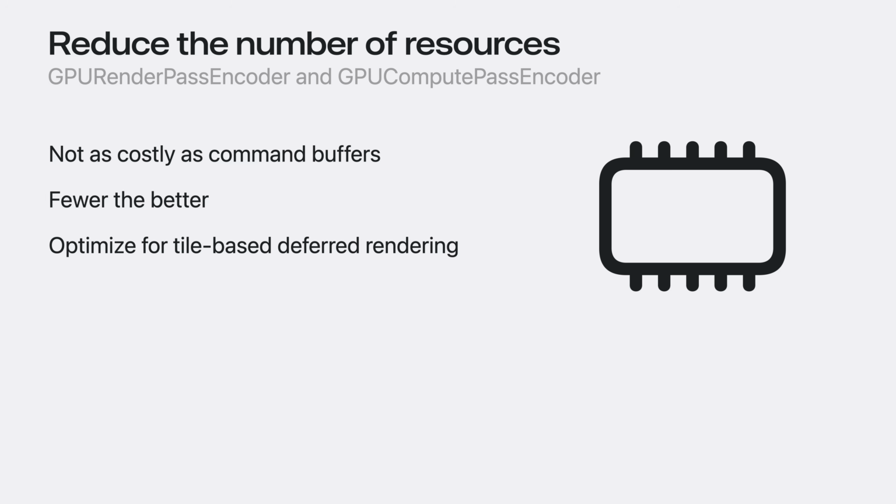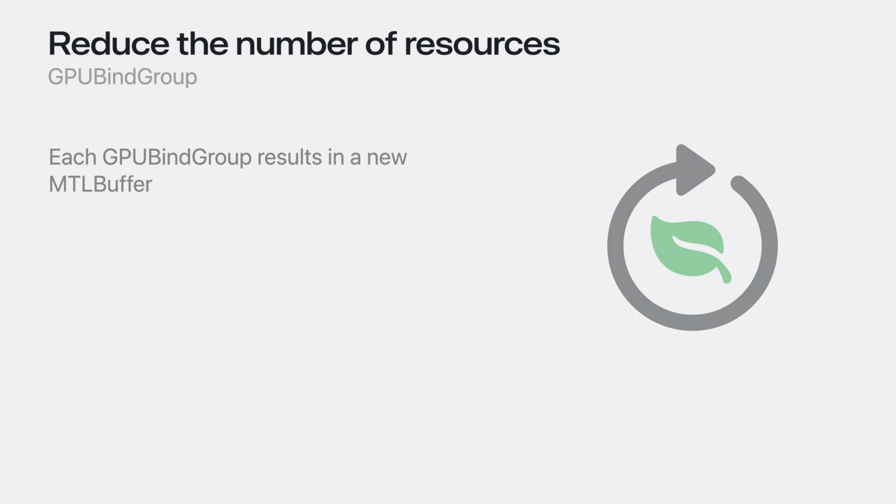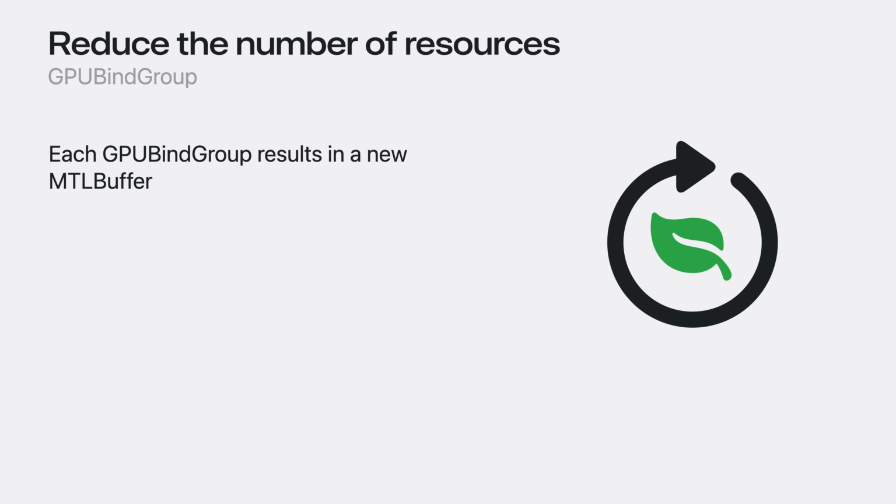Following best practices for combining passes and saving memory bandwidth will help your site or web app excel on Apple's hardware. For more information on tile-based renderers, check out Optimized Metal Performance for Apple Silicon Macs and Harness Apple GPUs with Metal from WWDC25. With that, let me focus on bind groups.